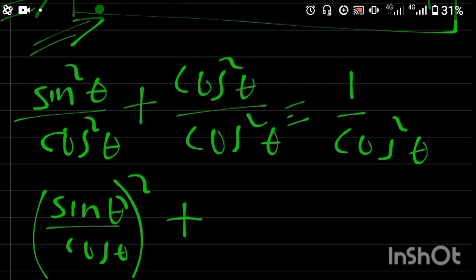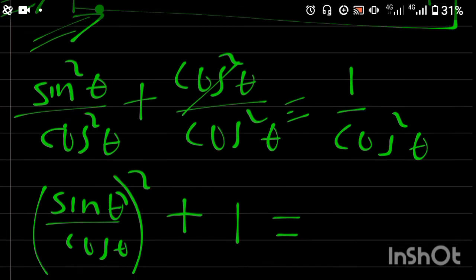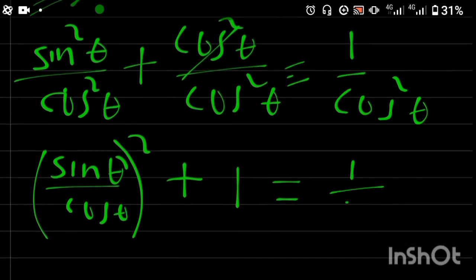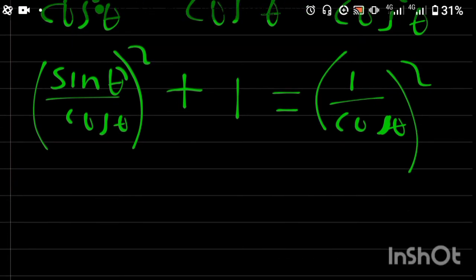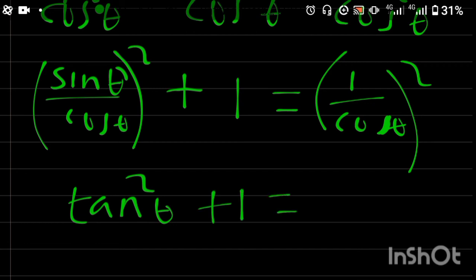Then cos squared theta divided by cos squared theta is 1, equal to 1 over cos theta squared. Now sine theta over cos theta, we said earlier, is tan theta, but it is squared, so it becomes tan squared theta plus 1 is equal to 1 over cos theta, which is sec theta, so sec squared theta. This is another identity.